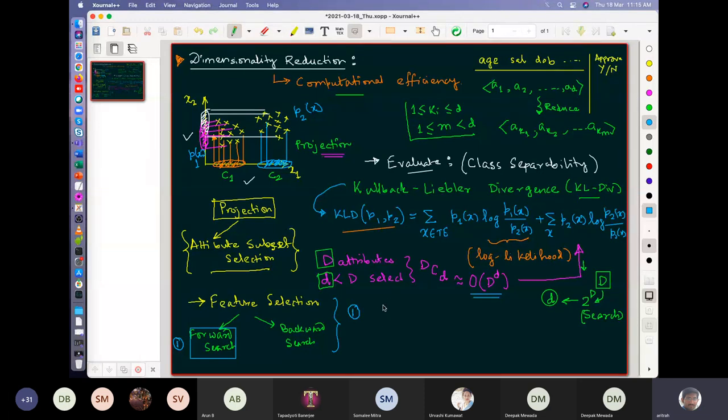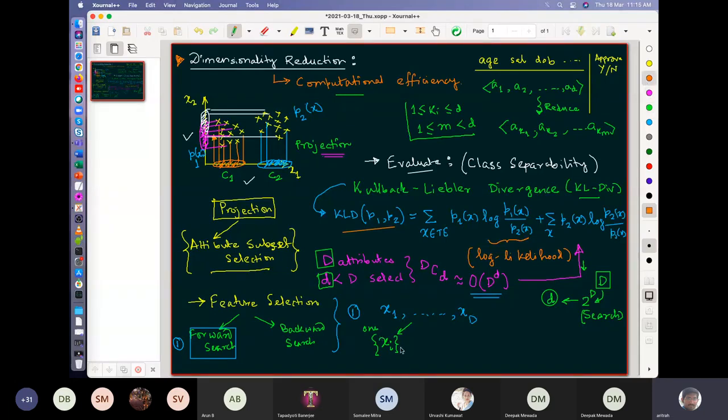First I will try to select among all of these attributes from x1 to xd: if I select any one of them as my subset, what is the best one attribute that I can select depending on KL divergence?